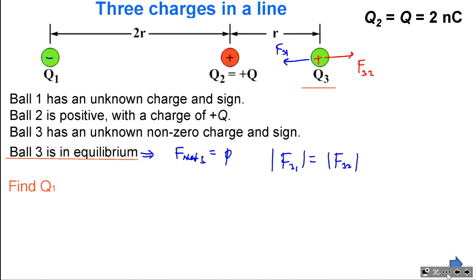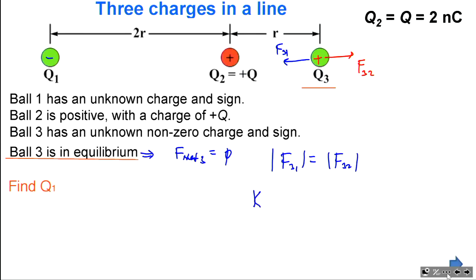What law do we use for the magnitude of the force acting between two charges? Coulomb's law. If we have to calculate two magnitudes, we have to apply the same law twice.